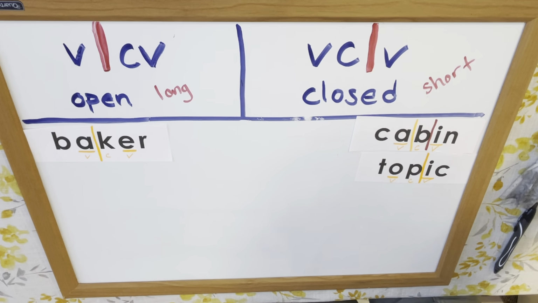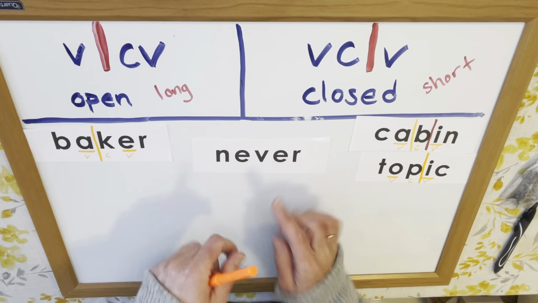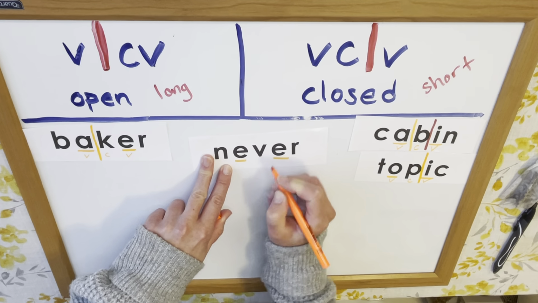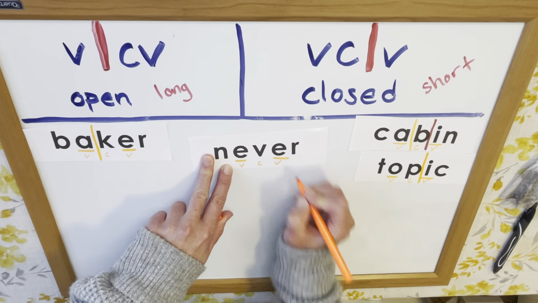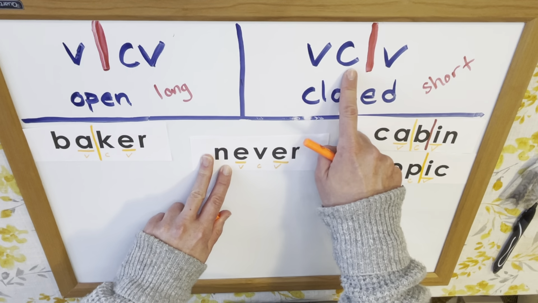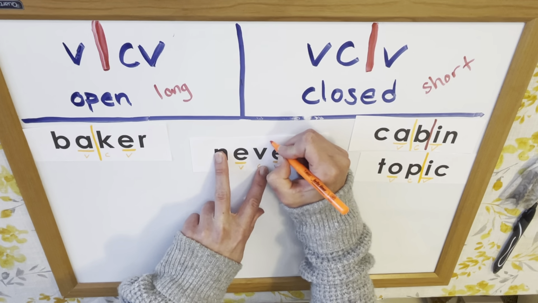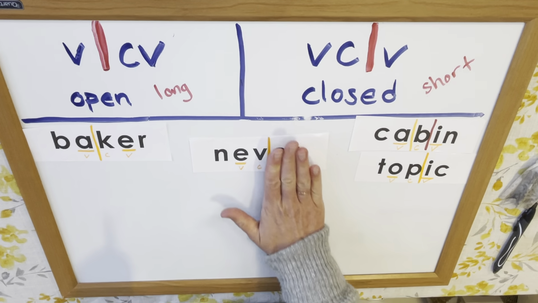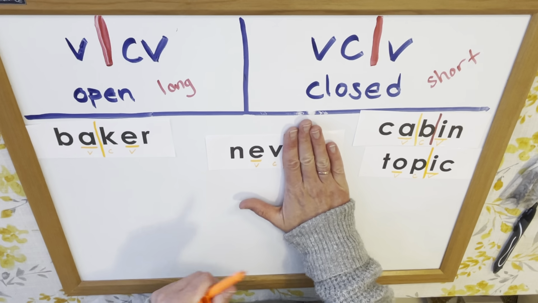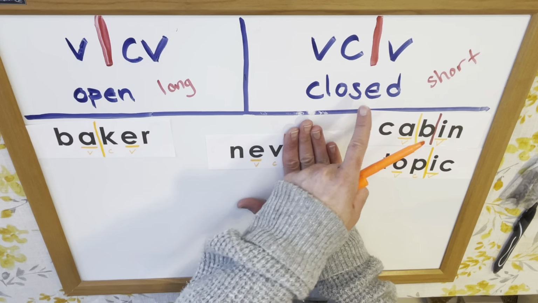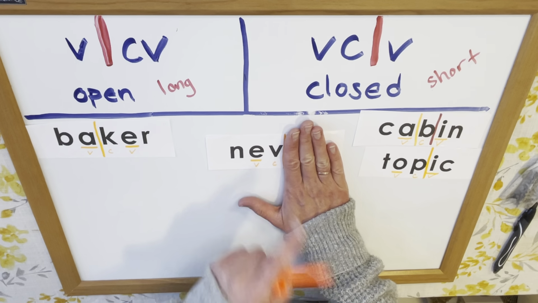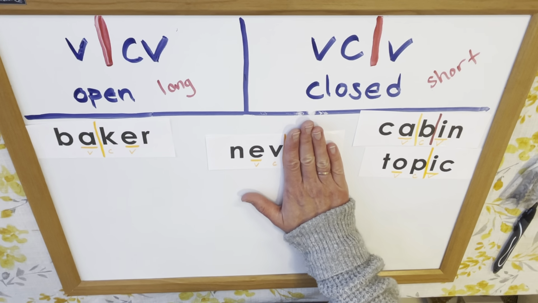Let's try another one. Okay? Here's our vowels. Here's our consonants. So we have vowel, consonant, vowel, consonant. Break it up right here. There's our two syllables. Okay? Our first chunk, we have a closed syllable pattern because this consonant is closing in the vowel. So the vowel is going to make its short sound, nev.